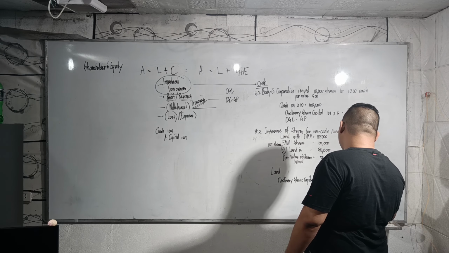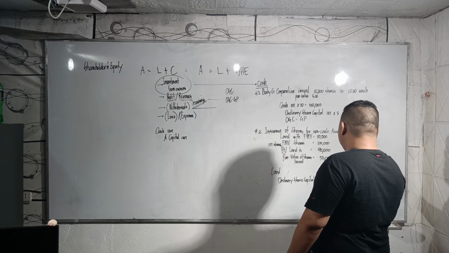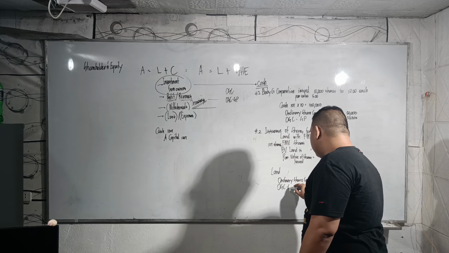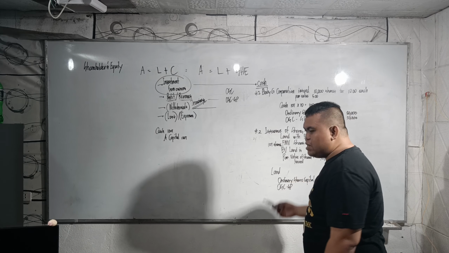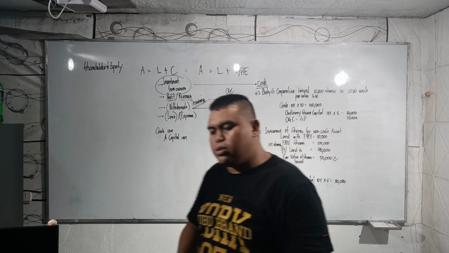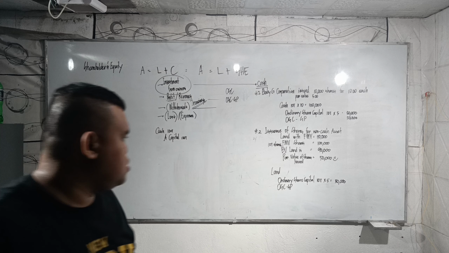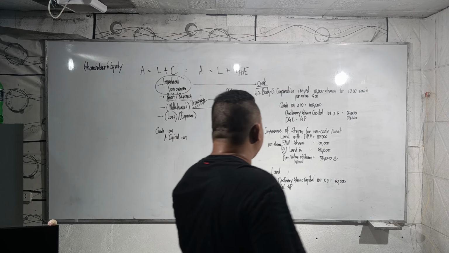It was given here. The problem is, if you do not know what is the value of the land to be recognized, then you will not get also the amount of the ordinary share capital share premium.